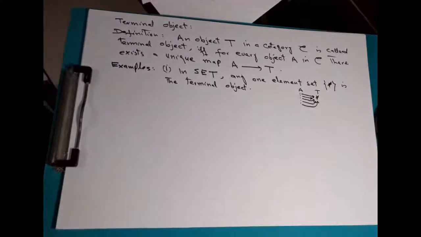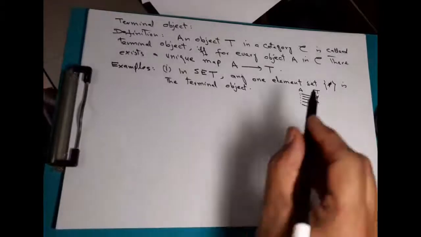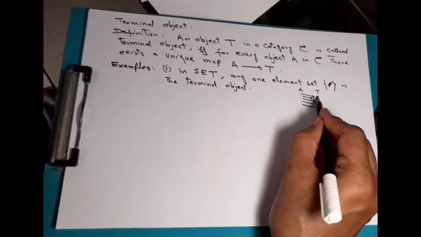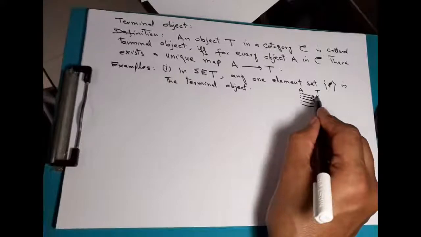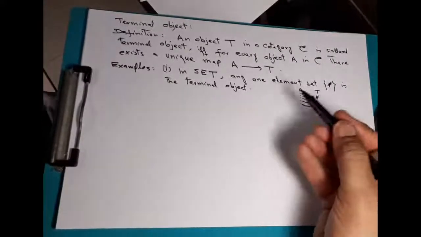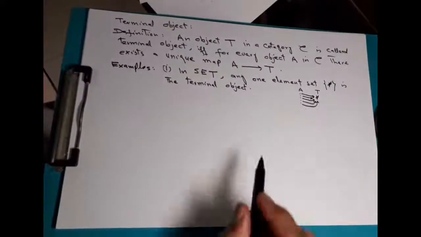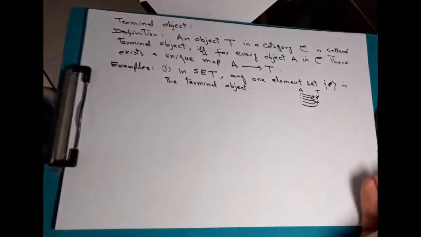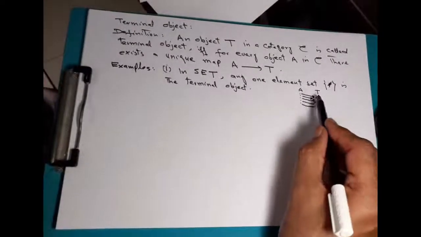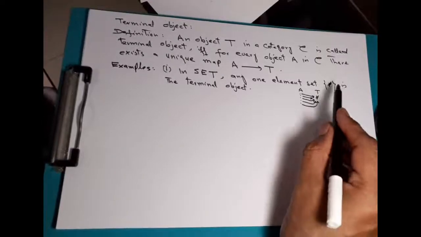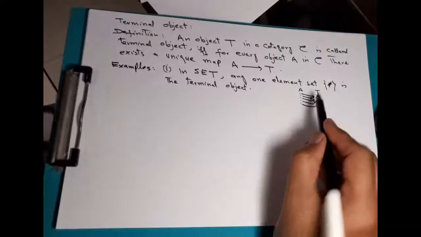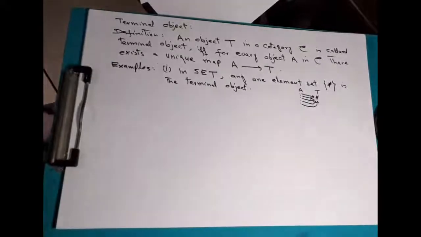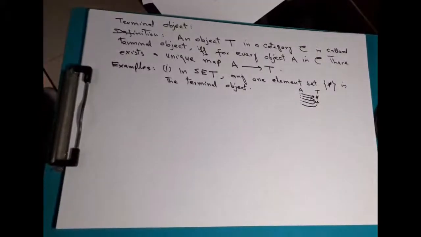So from every set A, we can define a map to this set which consists of only one element. So this set is the terminal object in the category of sets.